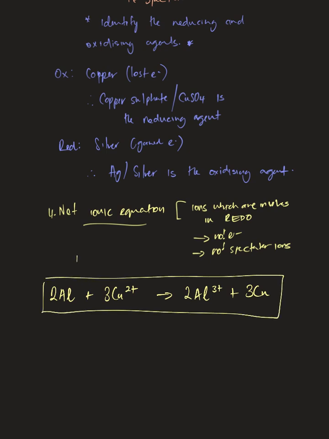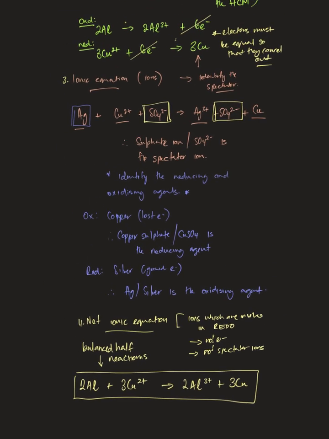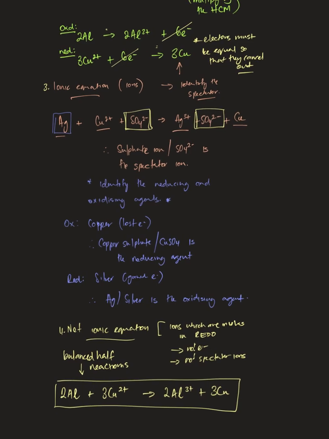I'm going to get this from the balanced half reactions. So if I look up here, let me just reduce this. If I can look here at the top, can you see? Reactant, reactant, reactant, reactant, product, product, product, product. And that's how I get a net ionic equation.